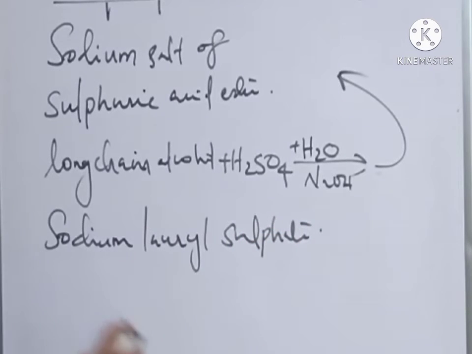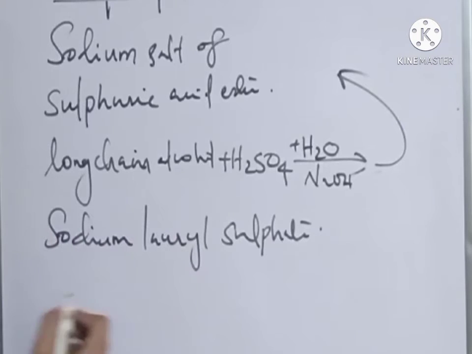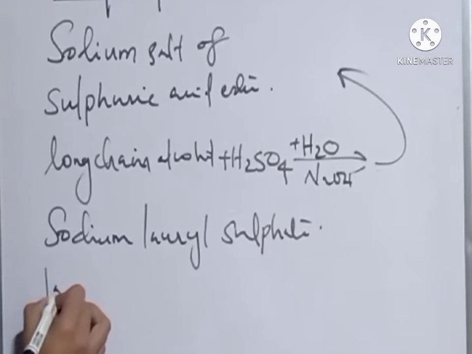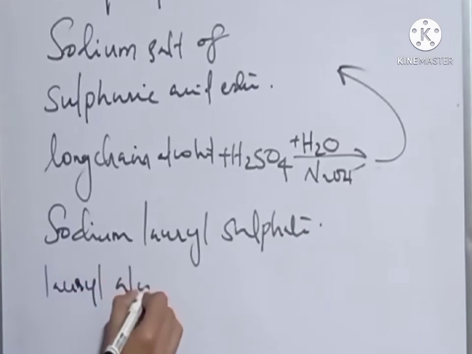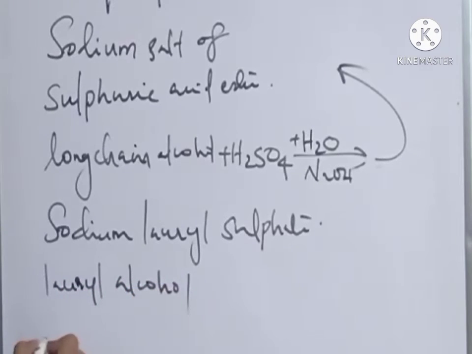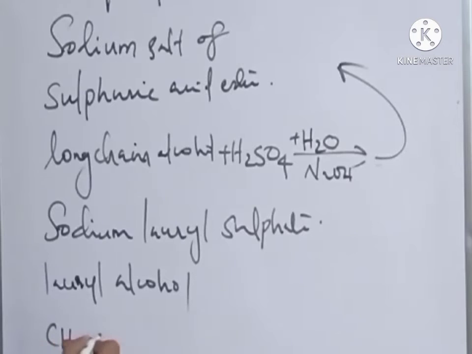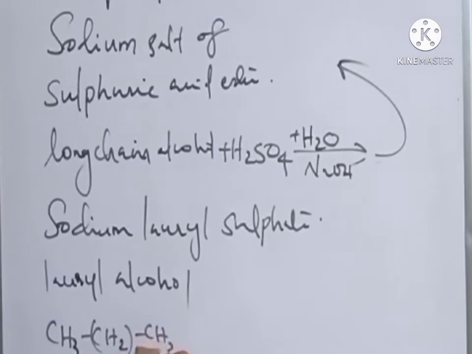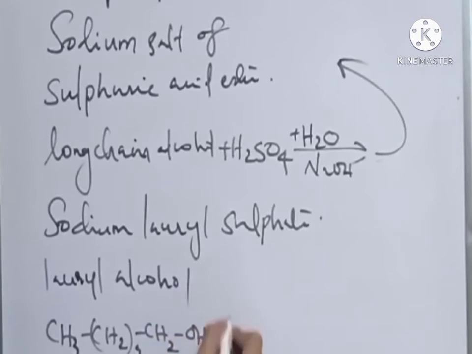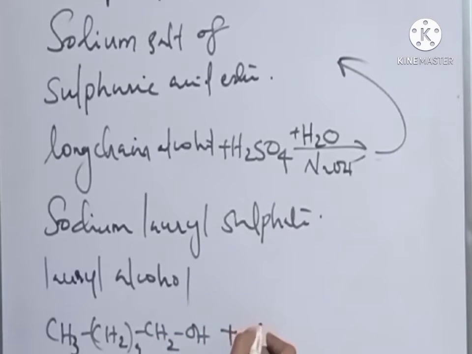Sodium lauryl sulfate. These synthets are formed by the esterification of lauryl alcohol, that is CH3 (CH2)9 CH2OH, with sulfuric acid.